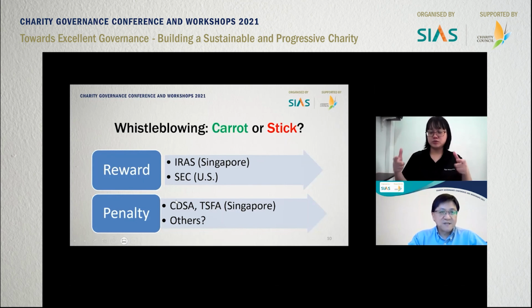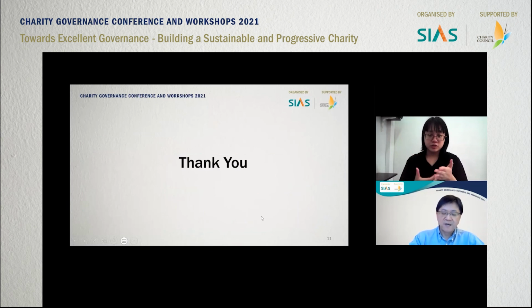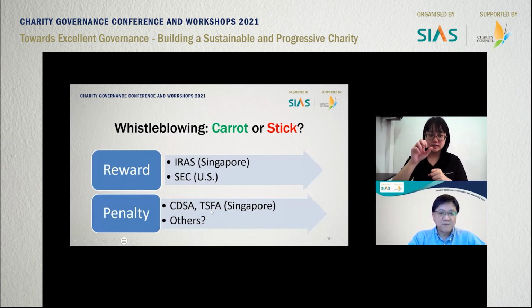Now, in terms of penalty, based on the Corruption, Drug Trafficking and Other Serious Crimes Act and the Terrorism Act in Singapore, if you don't file an STR, a suspicious transaction report, you could be charged criminally. All right, so in the case of the TSFA, you could even be jailed.